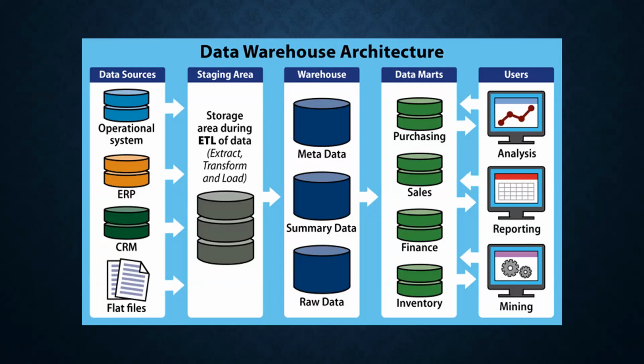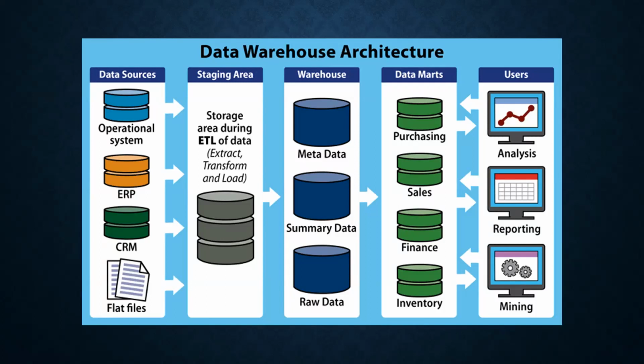First, from the right side, if you see, the users are going to request some information for analysis purposes, so for decision making. Okay, and the data warehouse can be divided into different units called data marts.